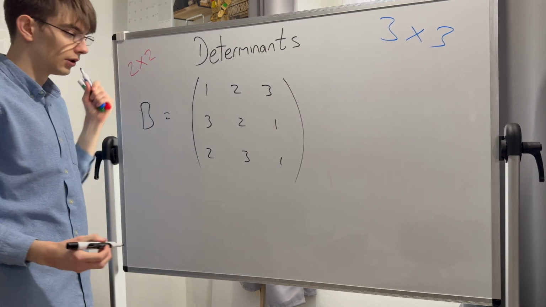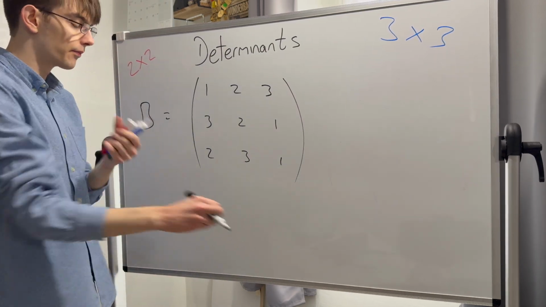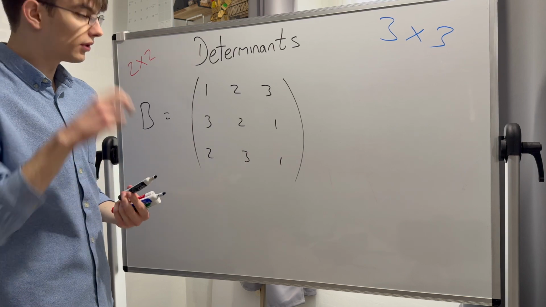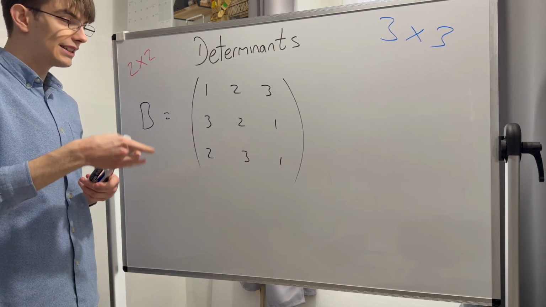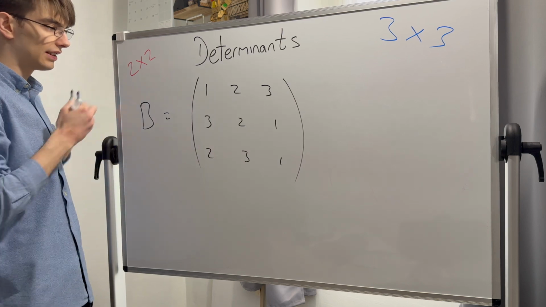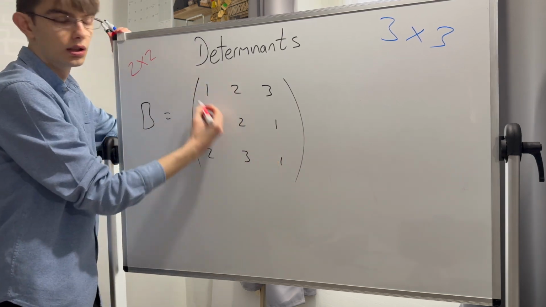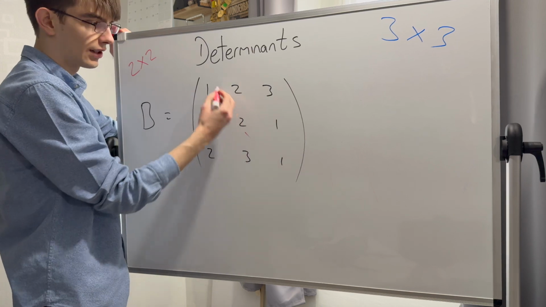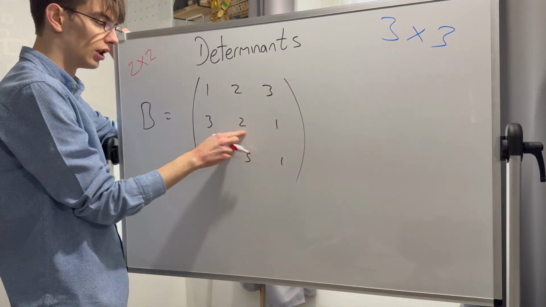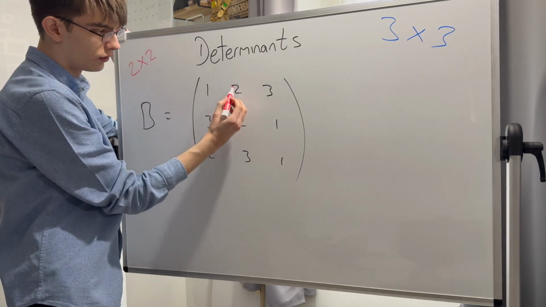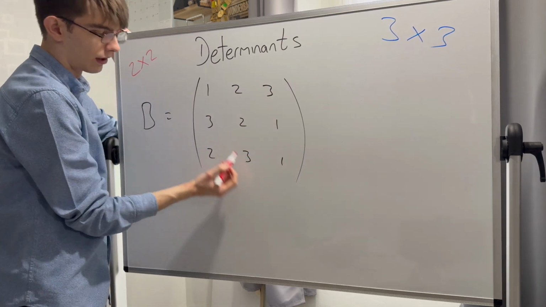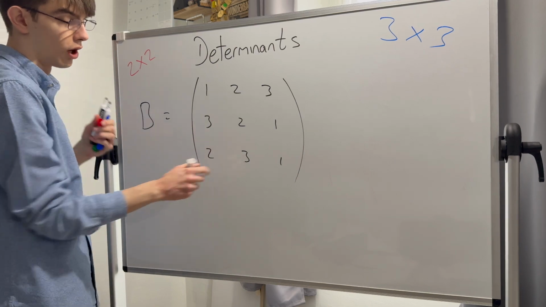There we go, some cyclic permutations there. And I want to find the determinant of this. It's not actually the same as what I've just done. I can't take the top, make a diagonal, take the next one, make a diagonal, and so on, because I'm not actually going to cover all the numbers. If I did that, I'd have those, and those, and I wouldn't be working with the 3 and the 3.